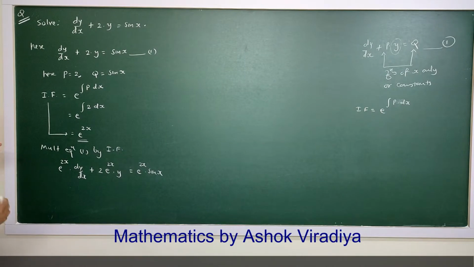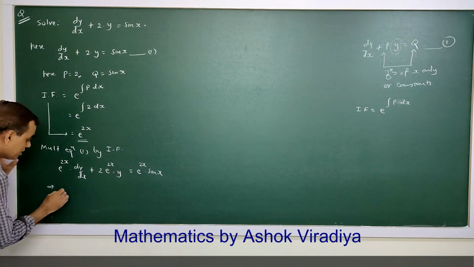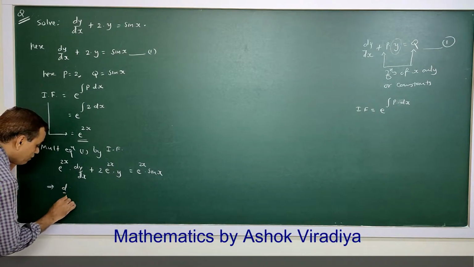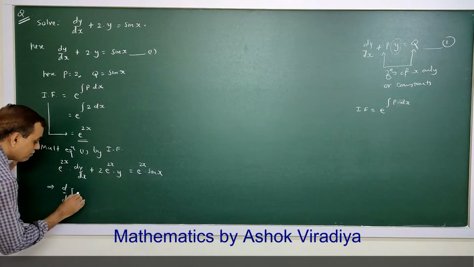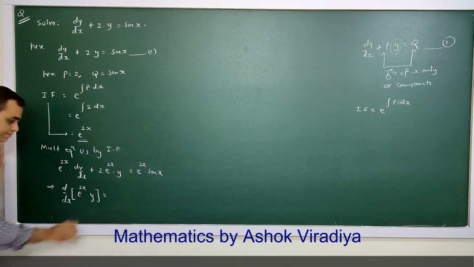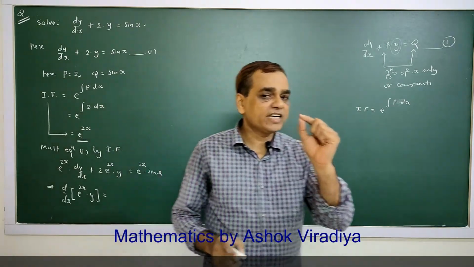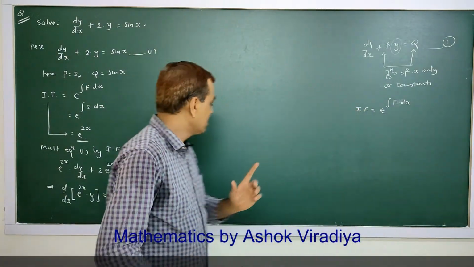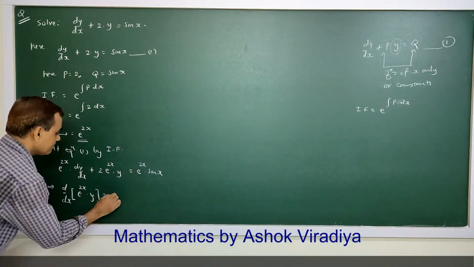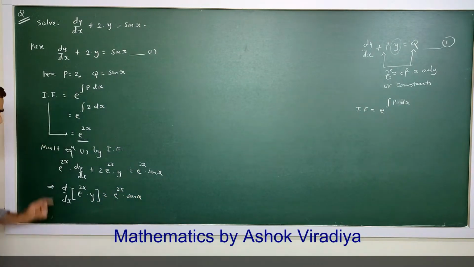After multiplying equation 1 by the integrating factor, as we discussed in the procedure, the left hand side is always d by dx of integrating factor into y. RHS is kept as it is. You can verify this.